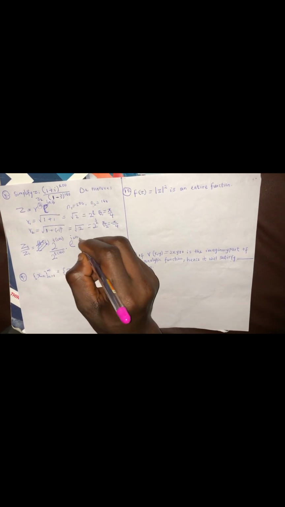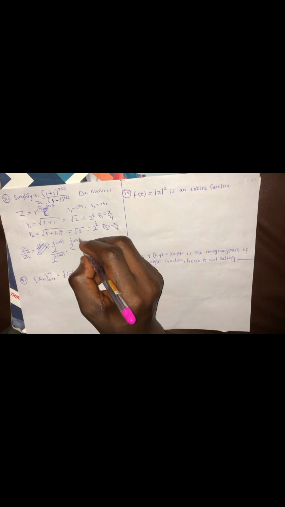So i first, what's our n? 200, right? Then multiply by what's our theta? That's theta 1 for the up one, pi over 4. Then we do likewise for this down one, i 160 multiply by pi over 4. But it is going to be minus pi over 4.